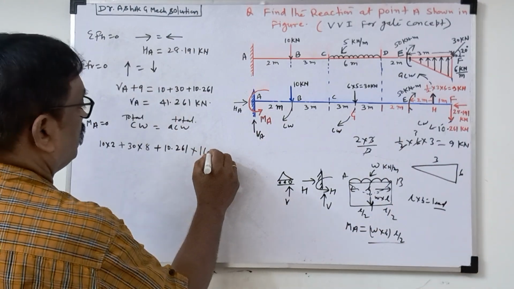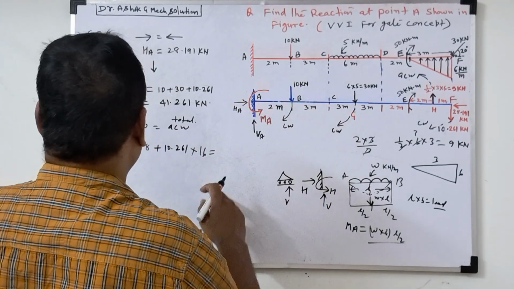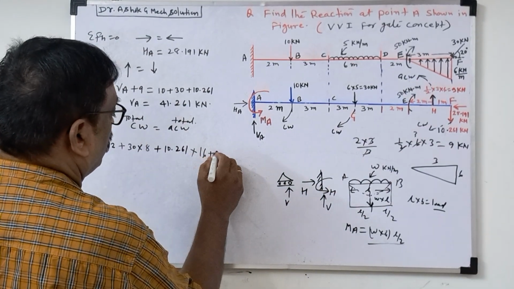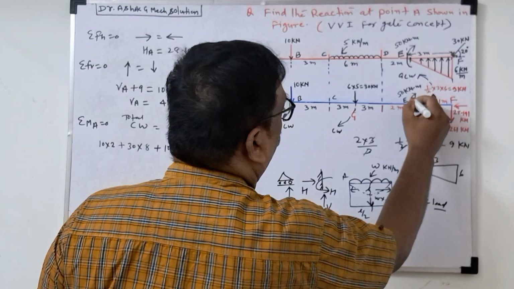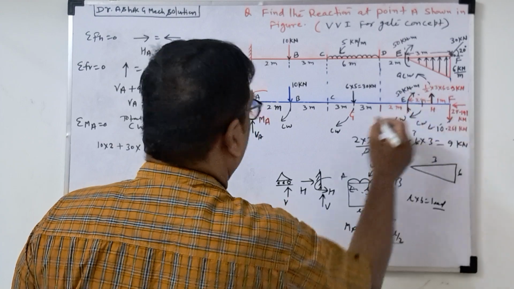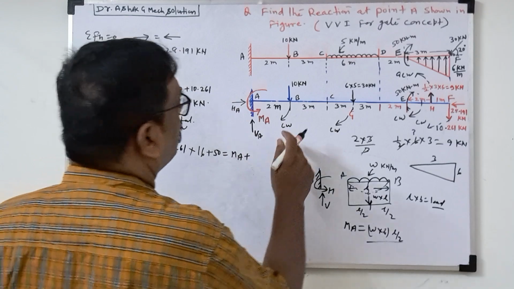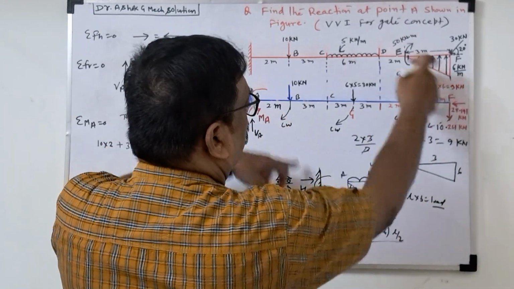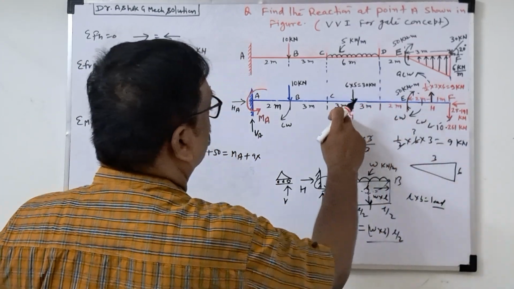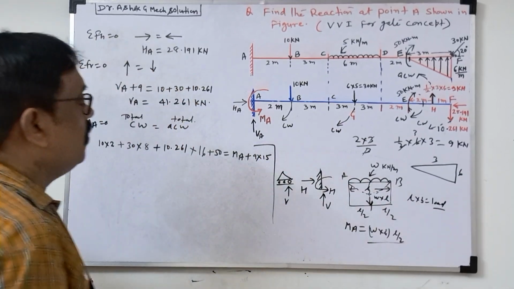Now the anti-clockwise side. There is also the directly given moment of 50, which is clockwise only. So the given moment 50 equals total anti-clockwise: MA plus 9 into the total distance, 2, 4, 3, 7, 15. So 9 into 15.